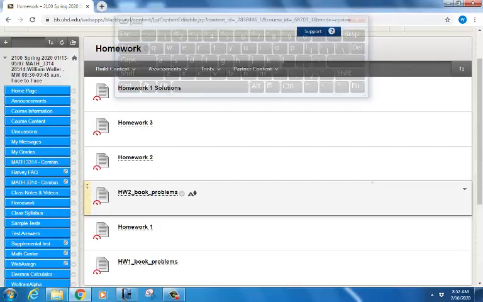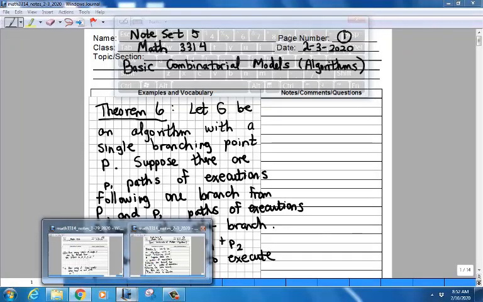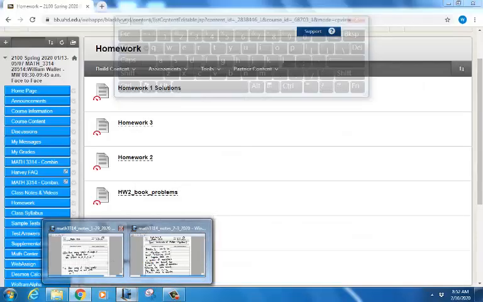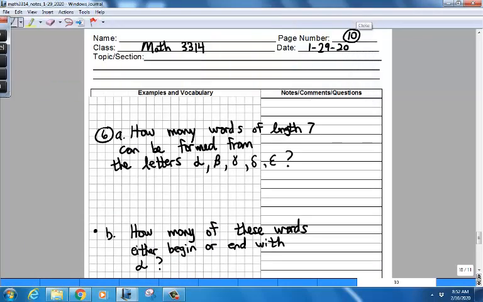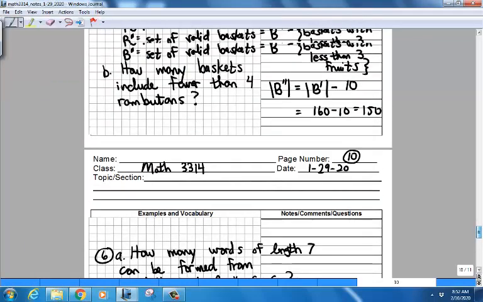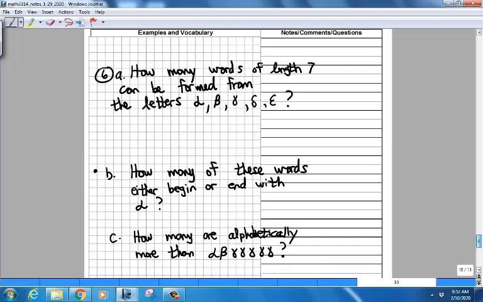Okay. All right. Let's go back to our notes then. So we have a lot to do, but these problems are, I think, a lot of these are taken from the book. Not all of them, but a lot of them are taken from the book, and a lot of them are fun.